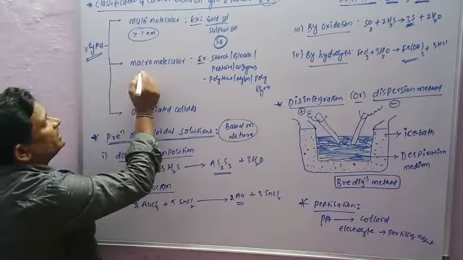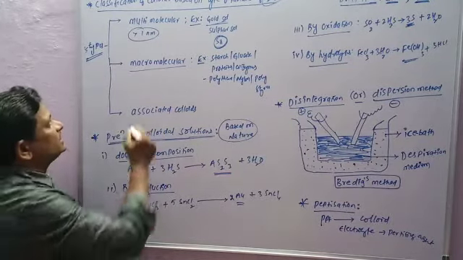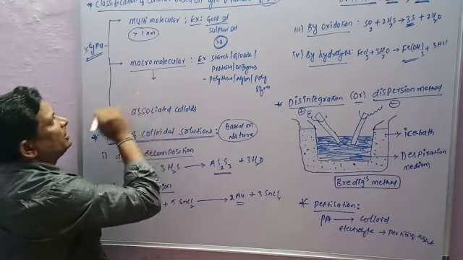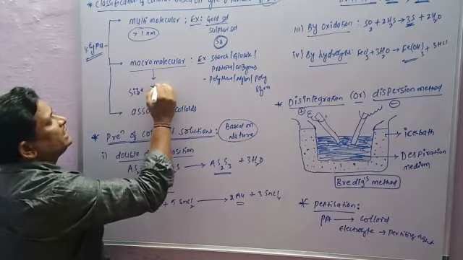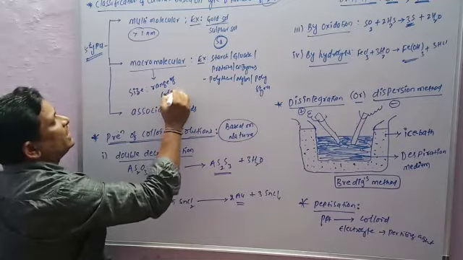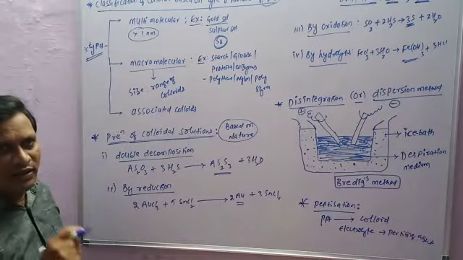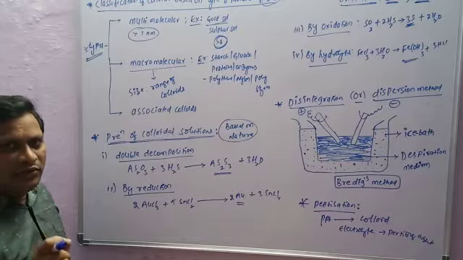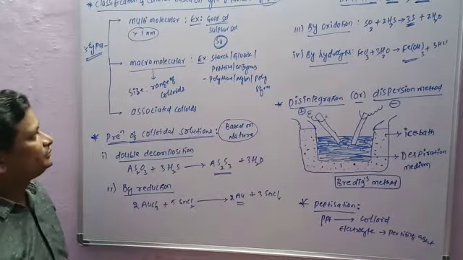Next, second one is macromolecular. Macro means big. Generally, macromolecular colloidal size is in the range of colloids, that is 1 millimicron to 1 micron.